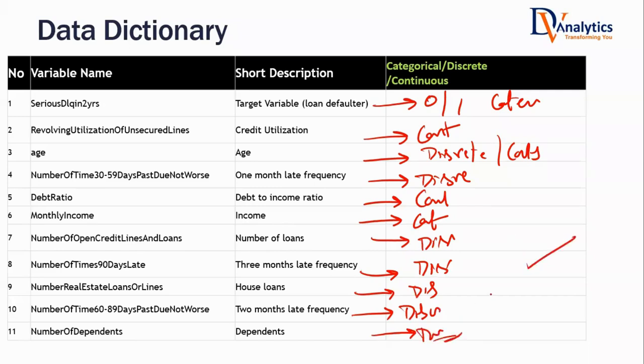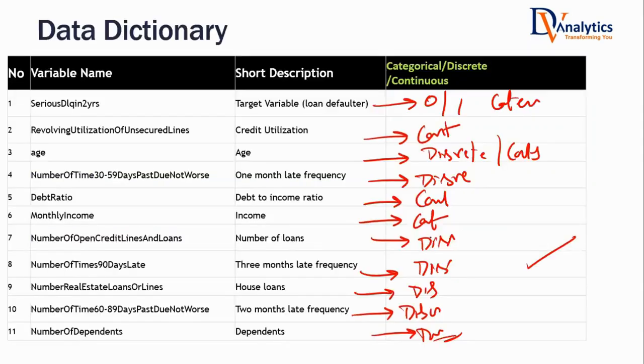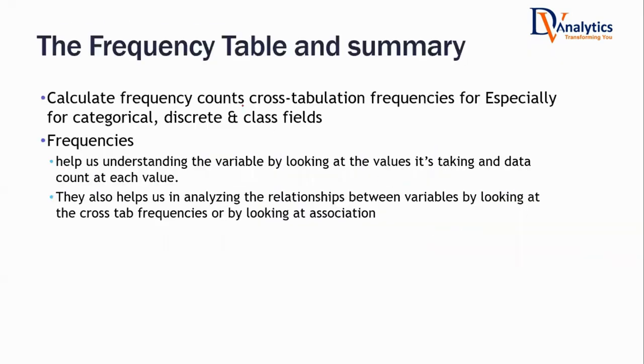Yes, sir. So what we do is, for categorical and discrete variables, we do the exploration separately. For continuous variables, we do the exploration separately. For categorical and discrete variables, since they take only a limited number of values, we do the exploration by looking at the frequency tables. Can you tell me what a frequency table is?